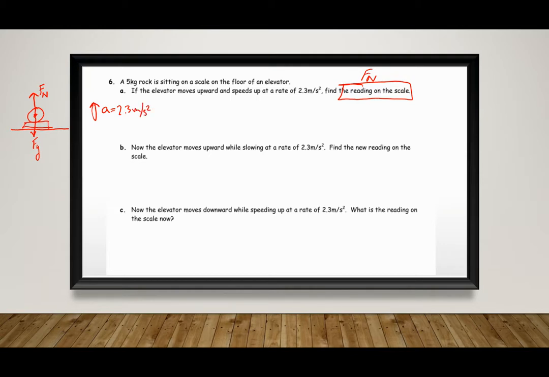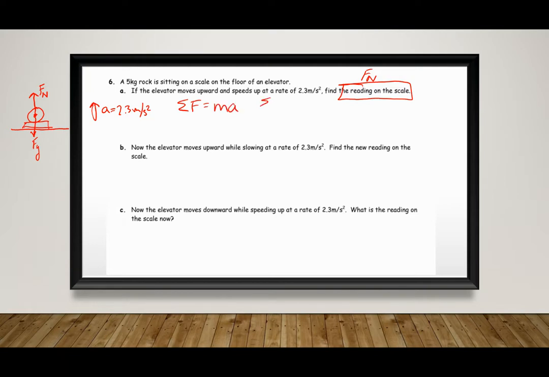Now, my rule of thumb for my elevator problems is that I'm always going to set the direction of my acceleration as the direction of my positive. I just feel like it's much easier to do the problems that way. So in this case, I'm going to look at my 2.3 as my positive, and I'm going to write my sum of my forces is equal to my mass times my acceleration.